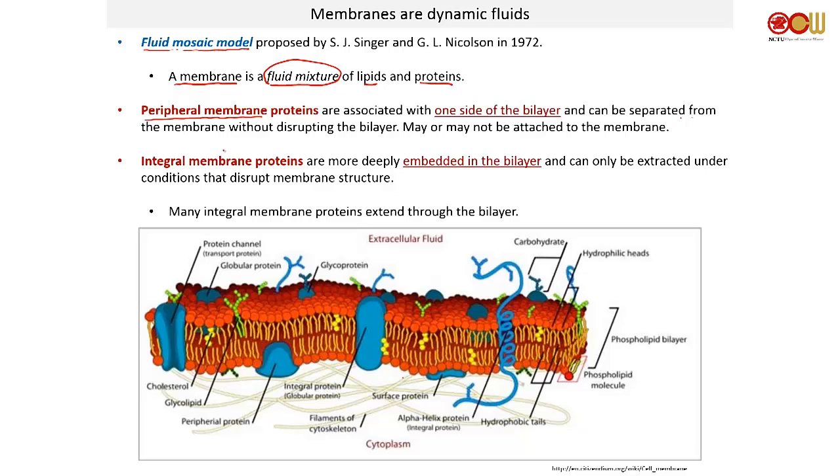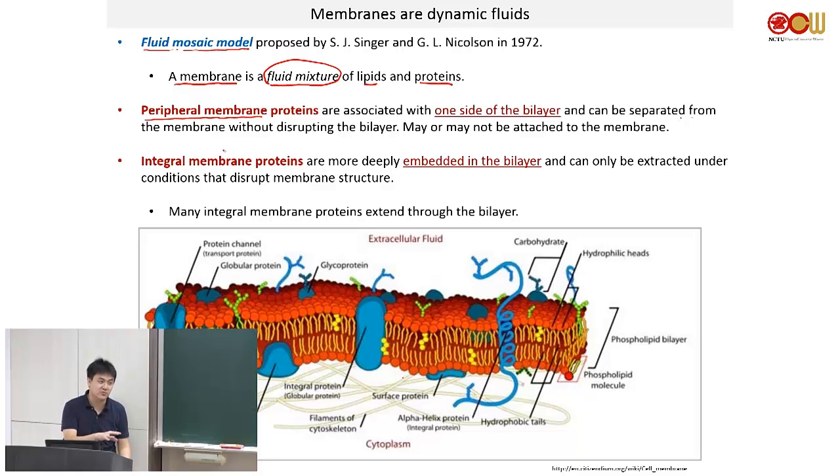They're associated, and may or may not be attached to the membrane. How do you associate with the membrane without being attached to it? Association is like intermolecular bonding, like attraction. For example, maybe the membrane has a negative charge and your protein has a positive charge, then they can associate with each other.